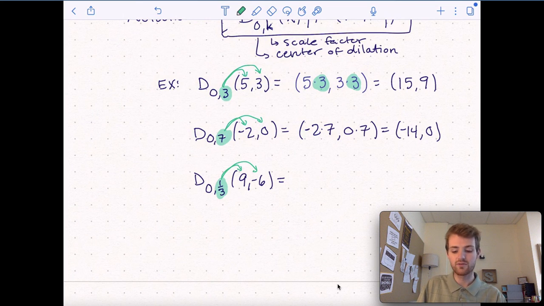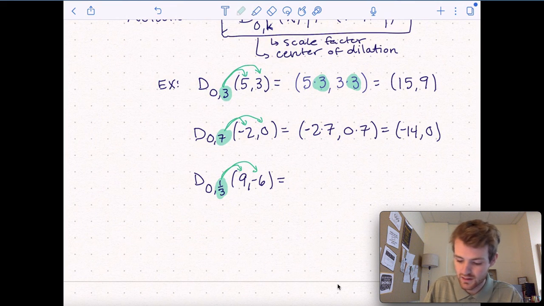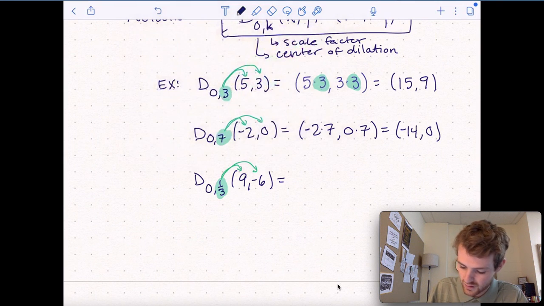When we see this as a fraction, what we're actually going to end up doing is dividing. So this will actually turn into, well, I'll go ahead and write it out. 9 times 1/3, -6 times 1/3.